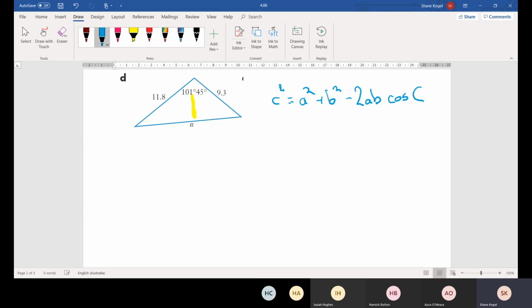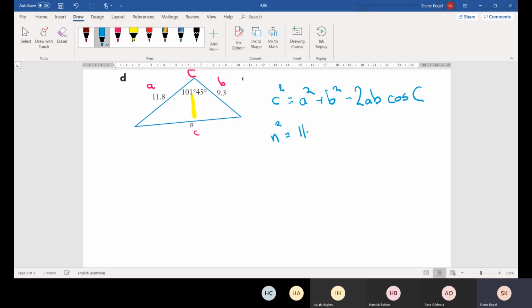Same thing as always, I am going to plug in my values. I am assuming that this is angle C and that this is side c, because that just suits my formula. It doesn't really matter. A squared, again, it doesn't matter which one's which. So let's just say that's a, that's b.